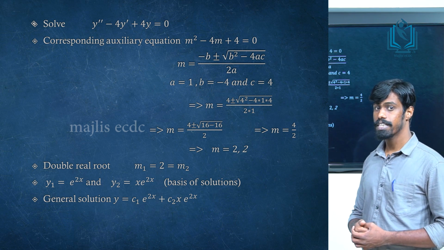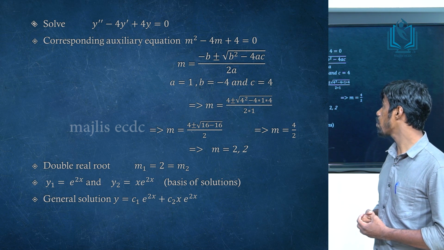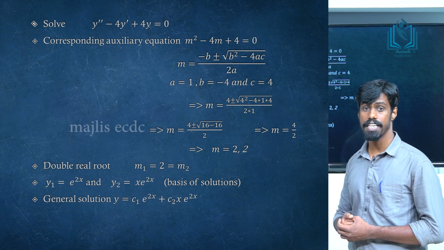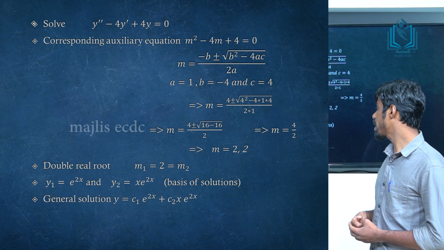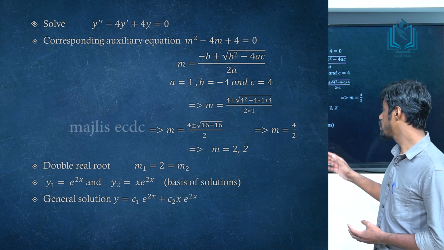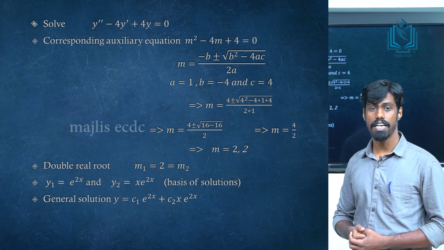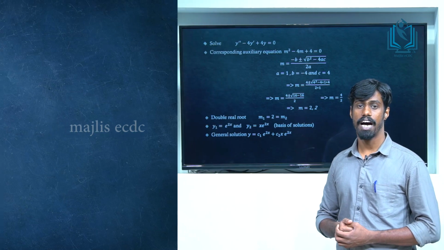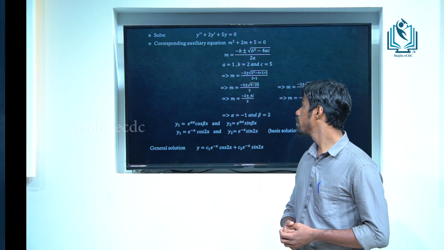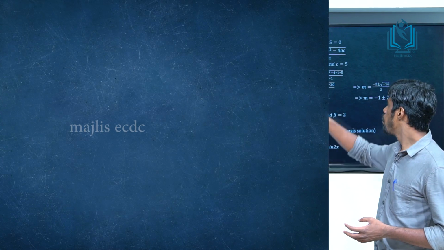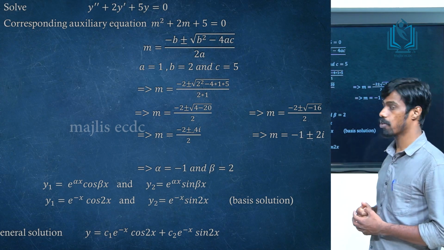The corresponding general solution of y double dash minus 4y dash plus 4y equal to 0 is c1 e raised to 2x plus c2 x e raised to 2x, where c1 and c2 are any arbitrary constants. Next, discuss another problem. Solve y double dash plus 2y dash plus 5y equal to 0.